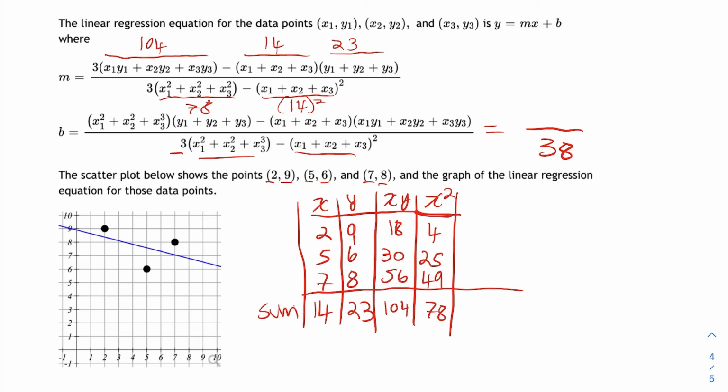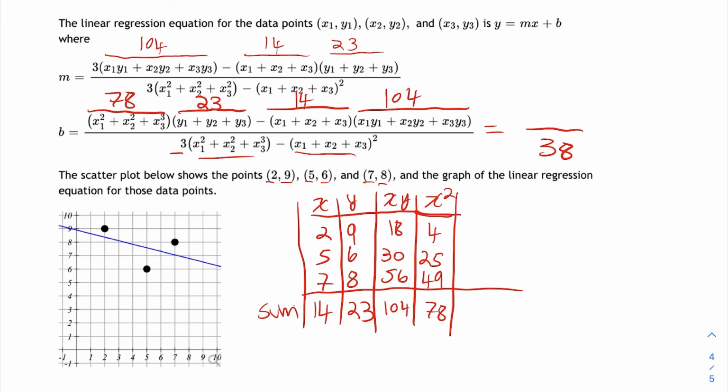The top, however, is a different set of calculations. For instance, the sum of all the x's squared was 78, while the sum of all the y's was 23, and the sum of all the x's was 14, and the sum of the product of the coordinates, the x's and the y's, was 104.